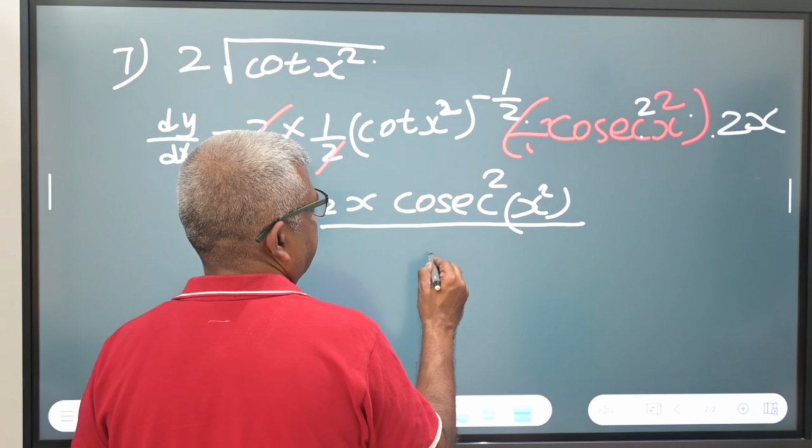This cosecant squared x squared I am writing as 1 over sine squared x squared. Then cot x squared I am writing as cos x squared over sine x squared. Got it? Okay.